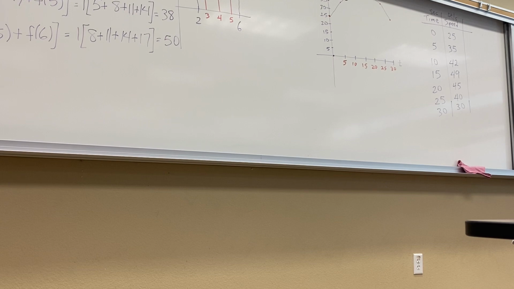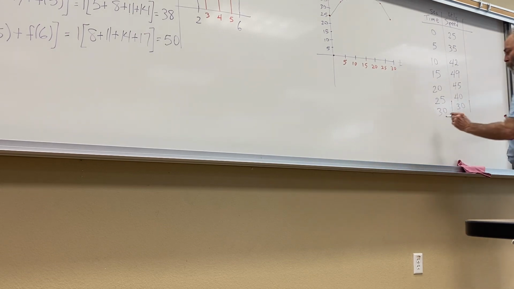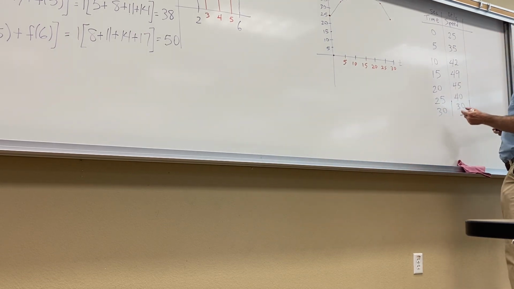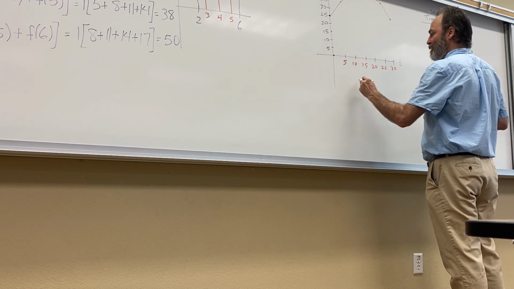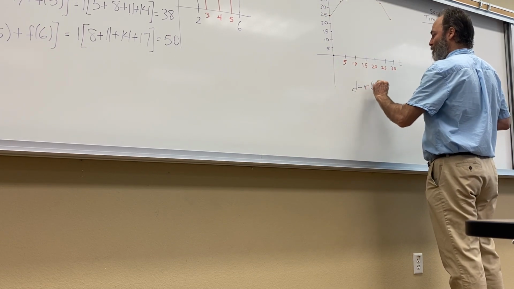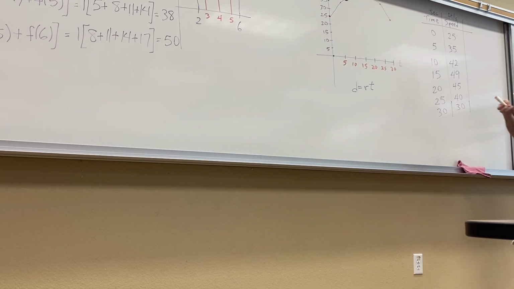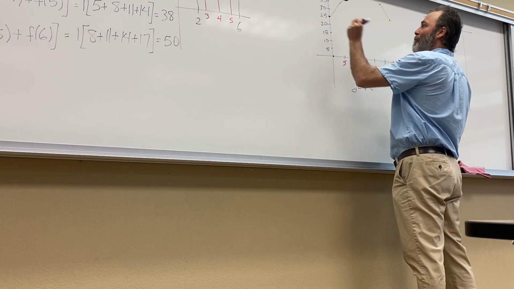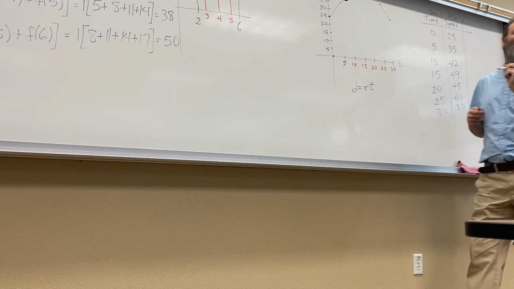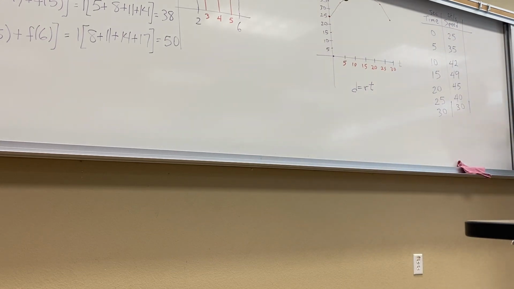Well, if we know how fast we're going, we should be able to figure out how far we went, right? And we know the relationship between distance and rate, that distance equals rate times time. But let's do something here. Let's make the assumption, instead of following the actual curve, that between 0 and 5, we were stuck at exactly 25 feet per second the entire time.